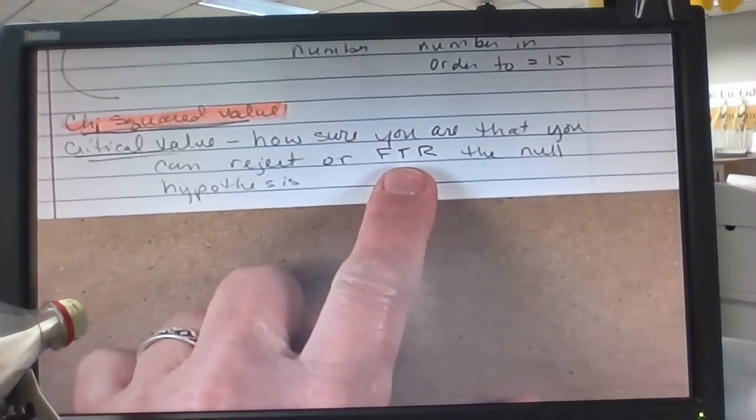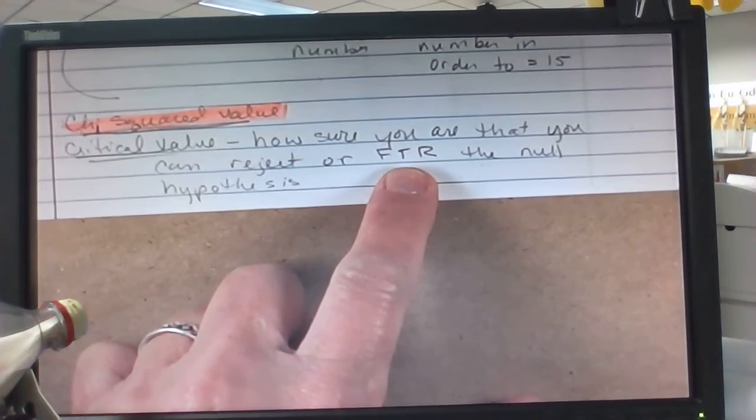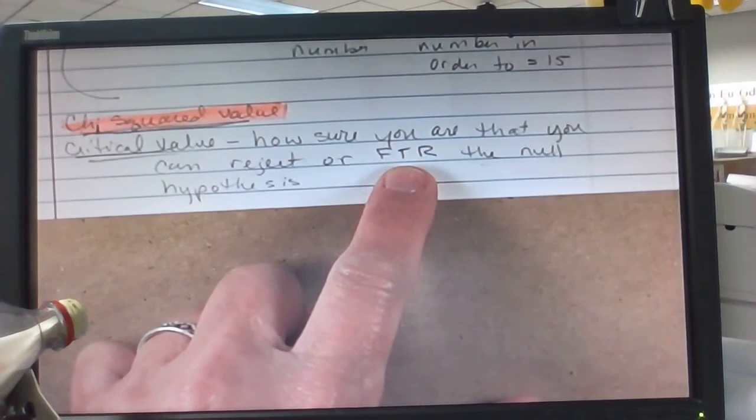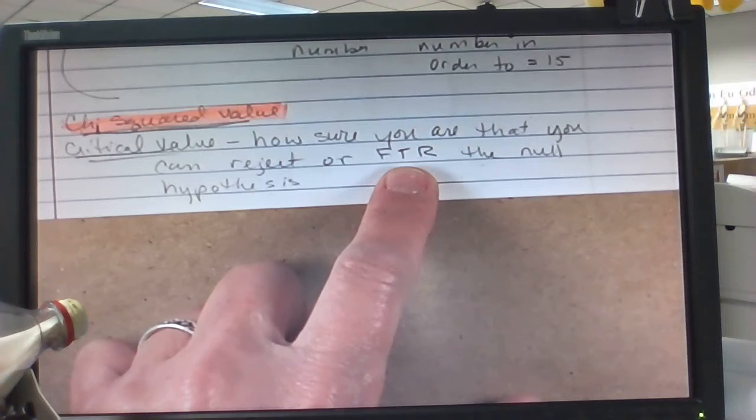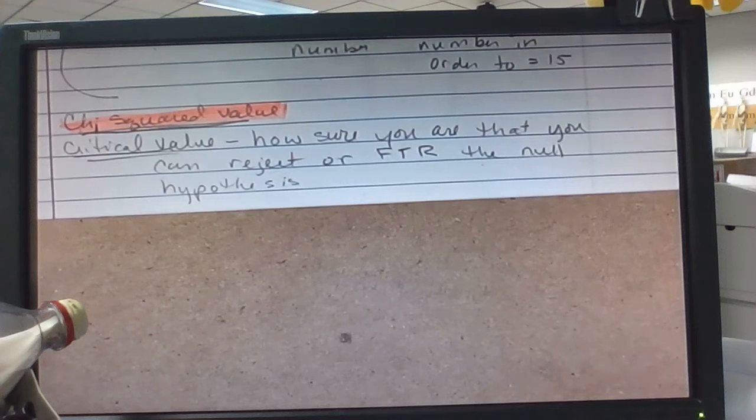I don't like to write things out if I have a good abbreviation for it. So FTR, I know that means failed to reject. If that doesn't work for you, then don't use it. Or put FTR, and if this is the first time using it, in parentheses write out failed to reject, and that way you can go back and see what FTR means. Critical value: how sure you are that you can reject or fail to reject the null hypothesis.